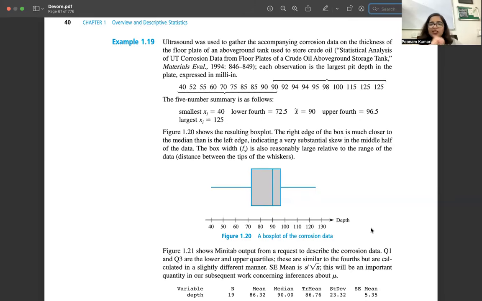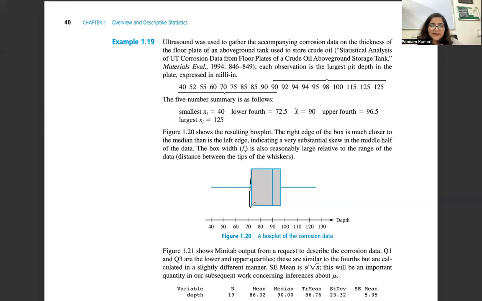They are very long. So when you draw the box plot, there is one line here which is the median, one line here which is the upper fourth, and the lines that you extend are called whiskers. These lines that you extend from the lower fourth to the smallest point and from the upper fourth to the largest point are called whiskers.